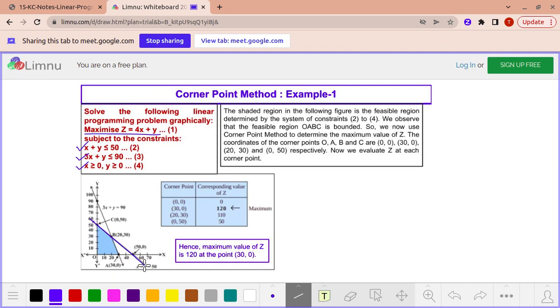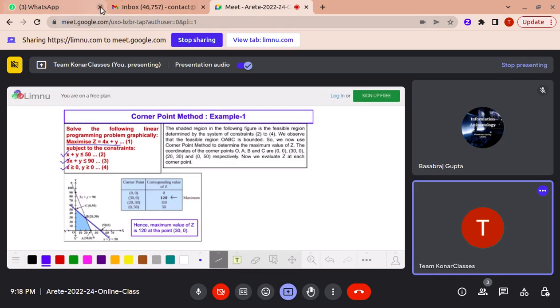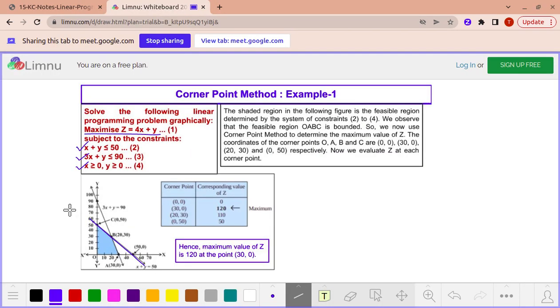blue color. Okay, let me draw it more properly. So, in the blue color I am drawing the line x plus y is equal to 50.